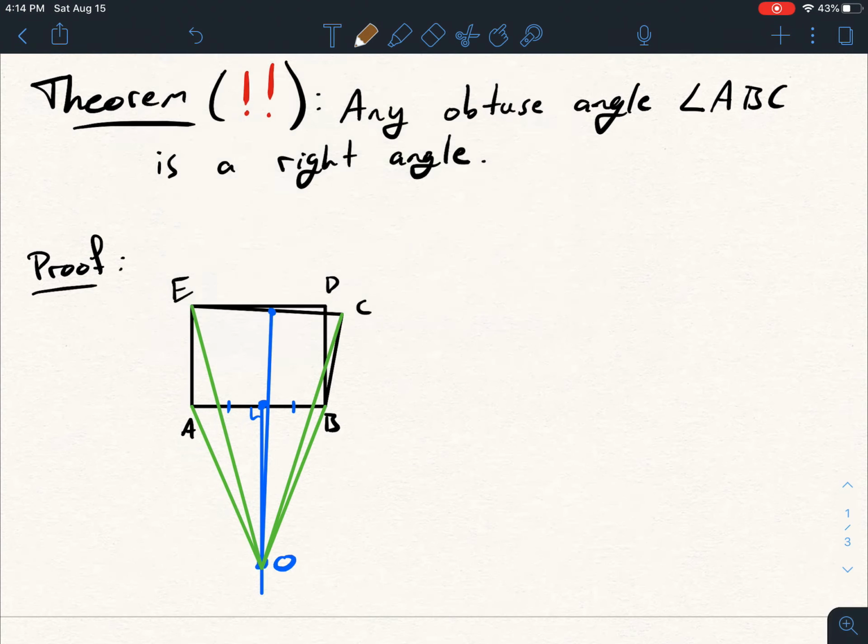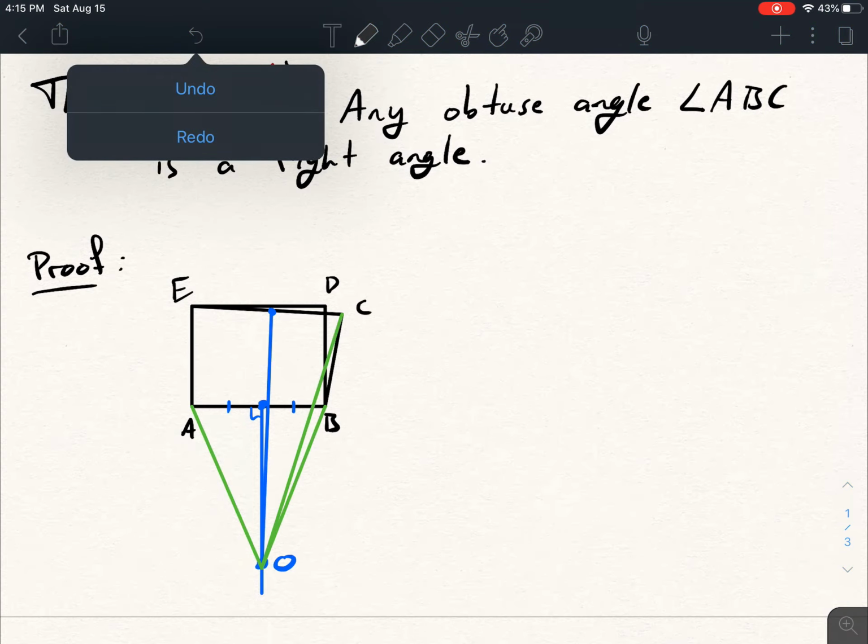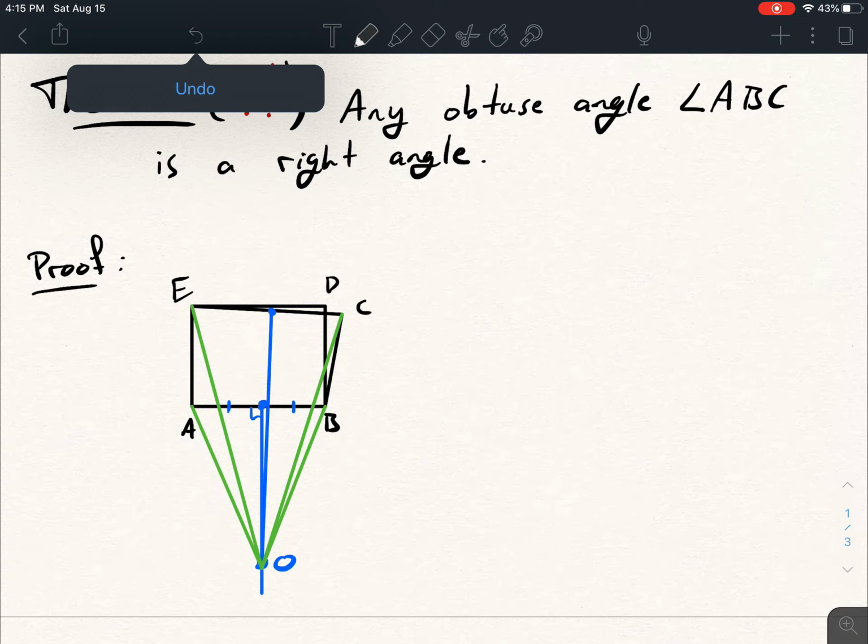All right. What can I say from here? Maybe I'll do purple next. Okay. So I had some isosceles triangles there, right? ABO, that was an isosceles triangle. And then OCE was also an isosceles triangle. So what can I say?